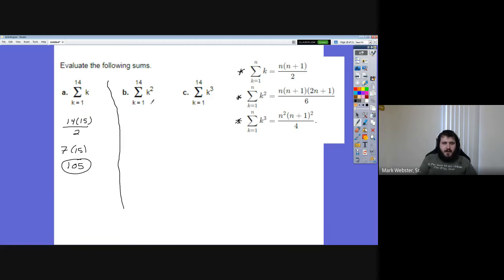But here, same thing. My n is 14, and I want to sum up all the k squareds, 1 squared plus 2 squared plus 3 squared plus 4 squared, all the way up to 14 squared. And I don't want to have to do that by hand. So I'm going to use my formula that I have right here. If n is 14, I'll do n times n plus 1 times 2n plus 1 over 6.